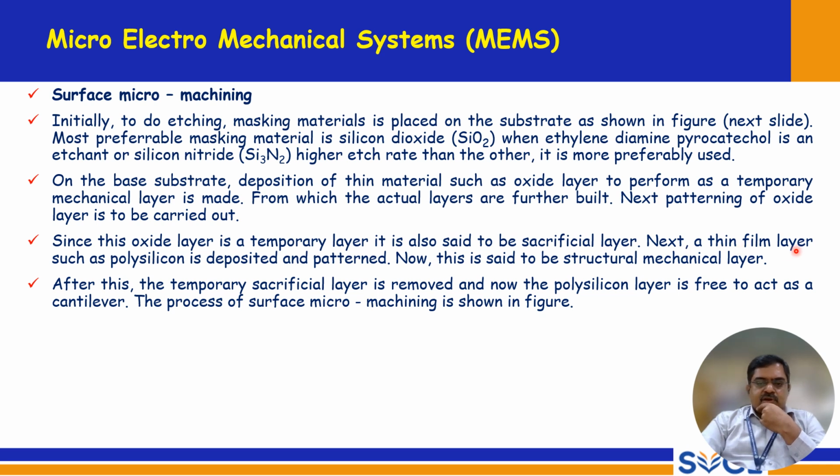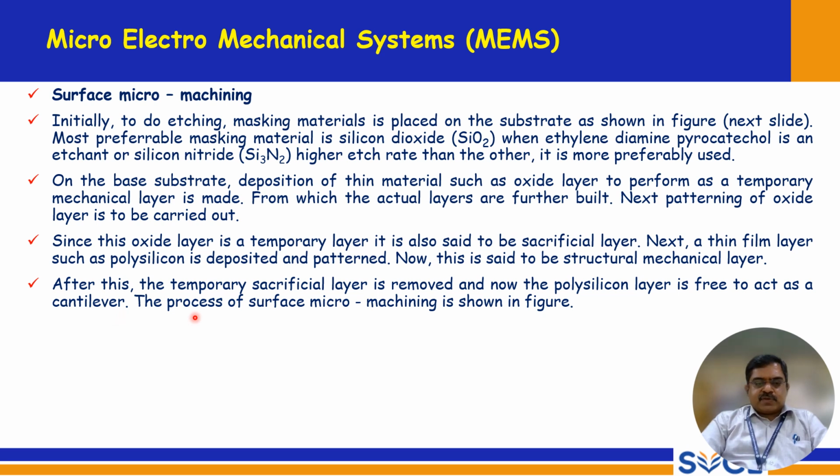Next, a thin film layer such as polysilicon is deposited and patterned. This is the structural mechanical layer, and after the temporary sacrificial layer is removed, the polysilicon layer is free to act as a cantilever.